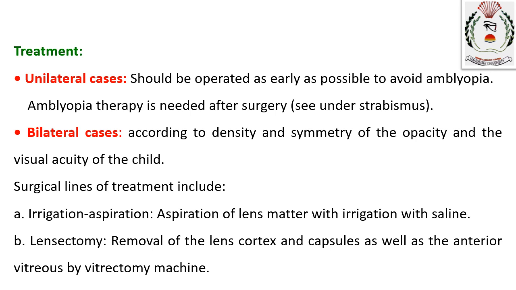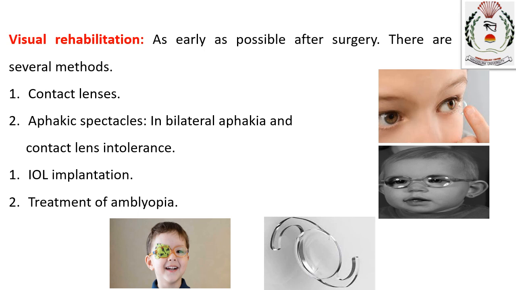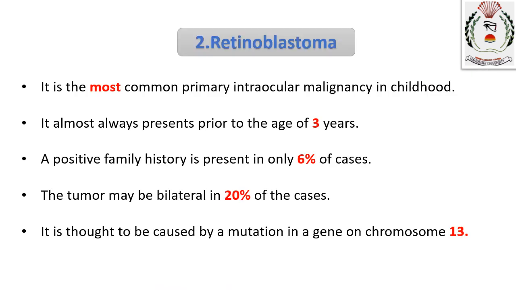So the first step in treatment of this child is surgical removal of the cataract, lensectomy or irrigation aspiration. After removal of the cataract, the child is aphakic. This is the first and most common cause of leukocoria in children. The second cause is retinoblastoma, which is the most serious or most dangerous cause of leukocoria in children.